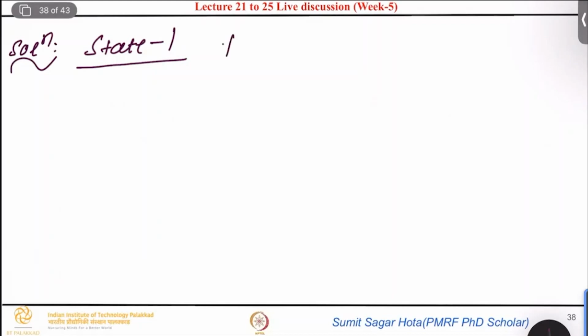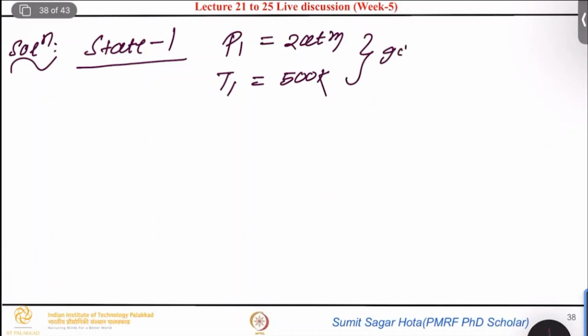State 1: P1 is equal to 2 atm and T1 is 500 Kelvin. These are the things given.